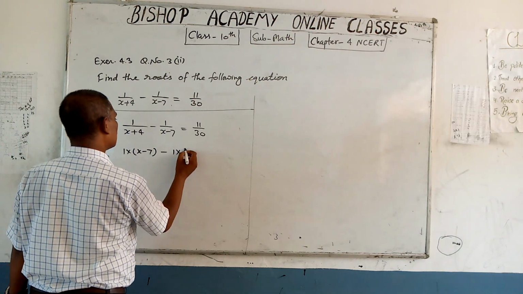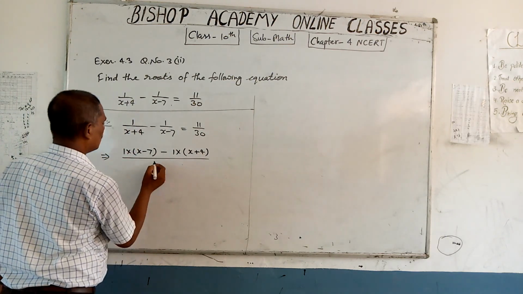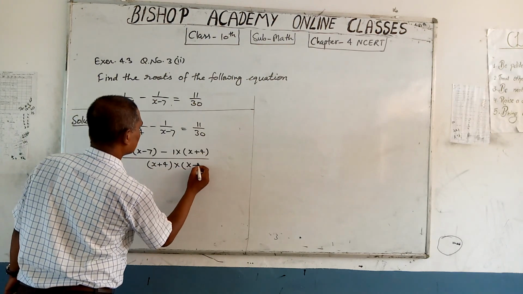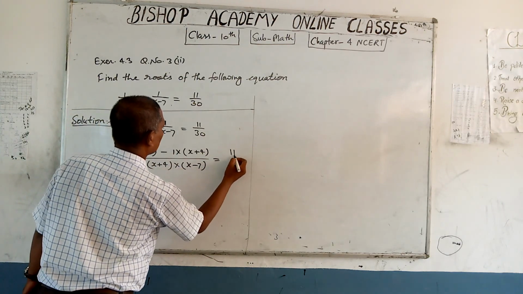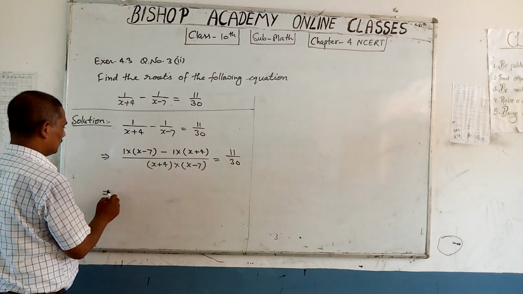So you get like this upon x plus 4 multiply x minus 7, and we have 11 upon 30 on the right side.